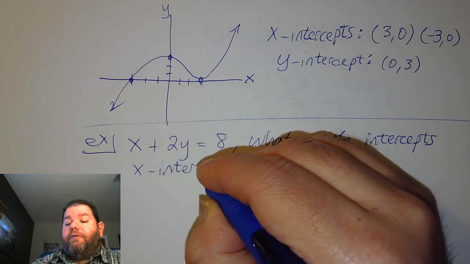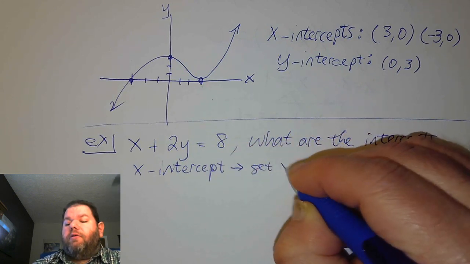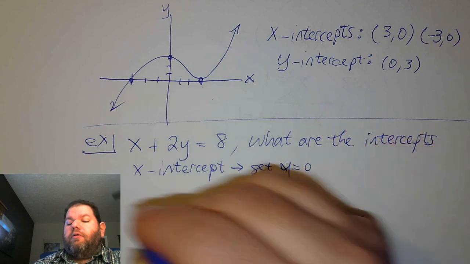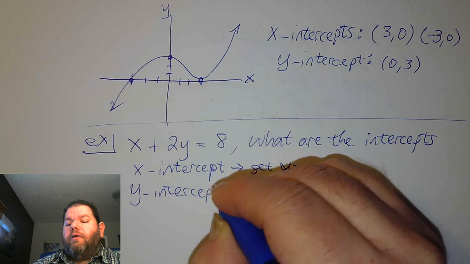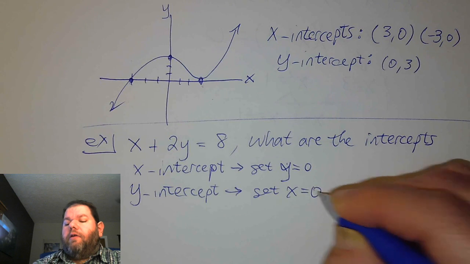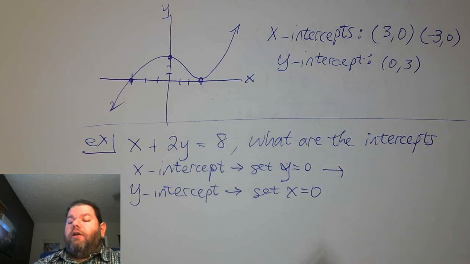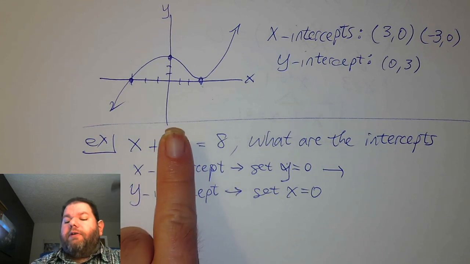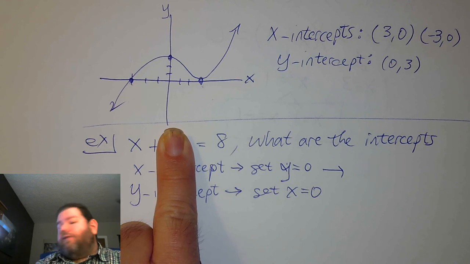Let me write that down. Okay, so to find the x-intercept, we set y equals 0, and to find the y-intercept, we set x equals 0. Now, if we set y equal to 0, what's left in our equation? Well, we can see that's just x equals 8.